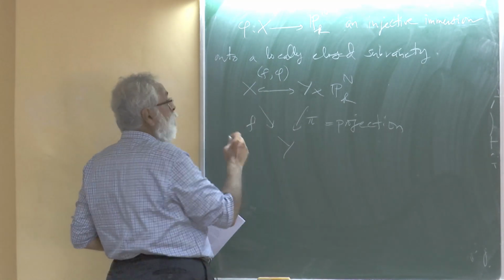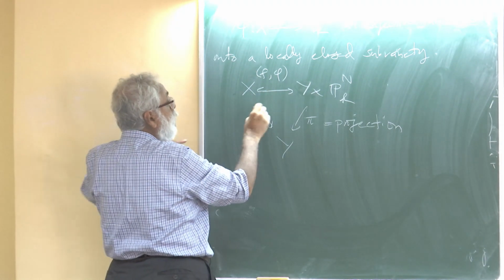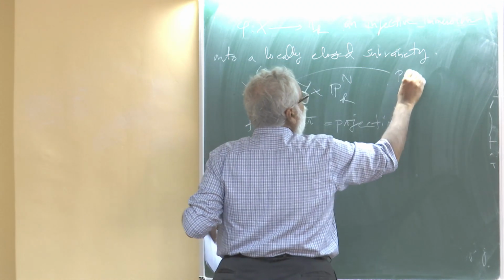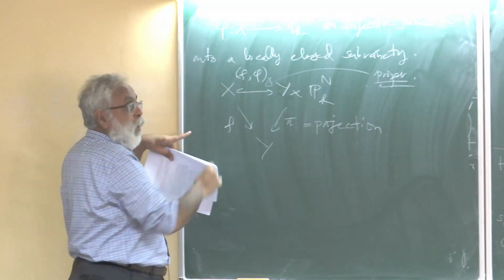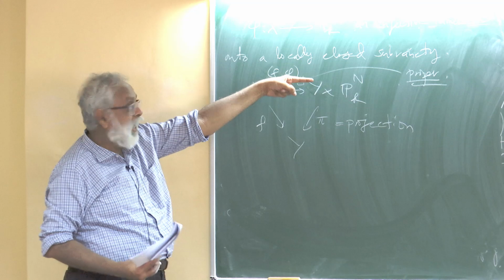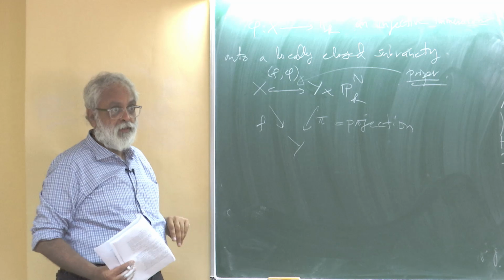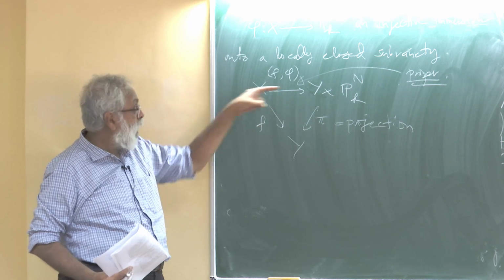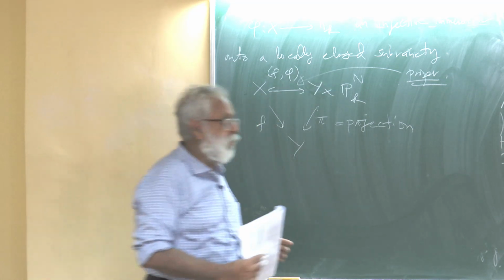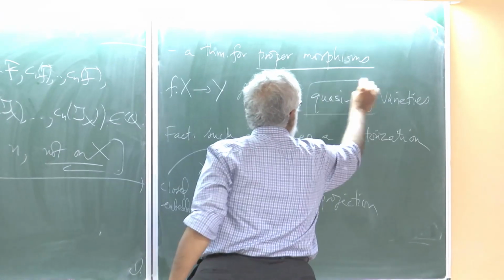This map is of course injective, because the second thing phi is injective. But in addition, this is a proper map, because f is proper. Anytime you have a diagram like this, if this map is proper, that map is automatically proper. This is a part of properness, Hartshorne chapter 2. Right? So now I know this is injective and an immersion and it's proper. That's exactly an embedding. So such a factorization always exists because I stuck to quasi-projective varieties.